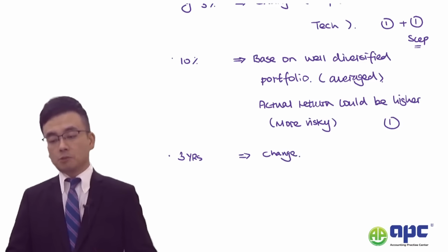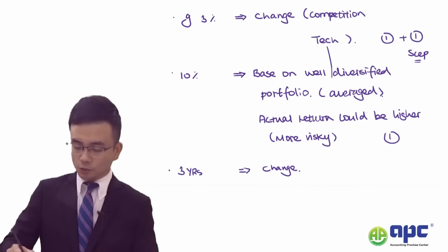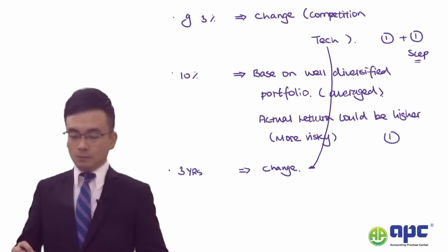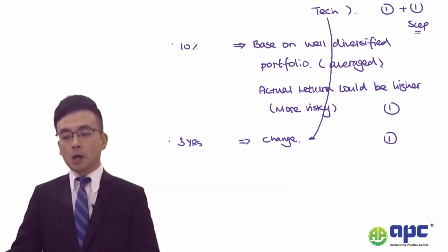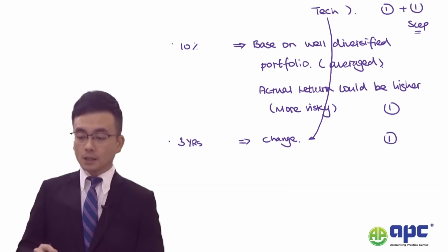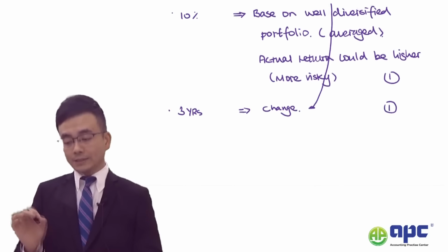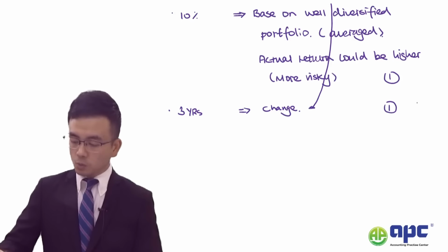So for example, you can talk about the competition for the 3% growth rate and technological advancement for the 3-year project life cycle there. You can get 1 technical mark here, because you're talking about something to change, and according to the marking scheme for this question, you can also get 1 acumen mark here.